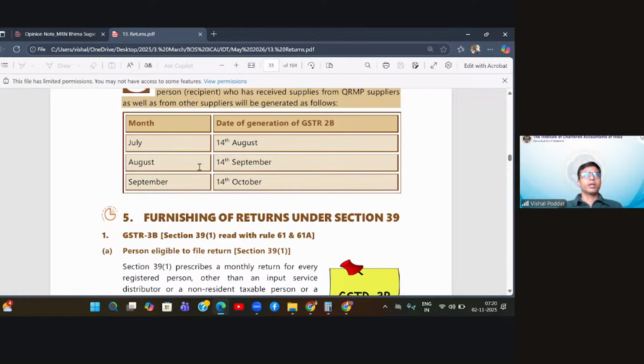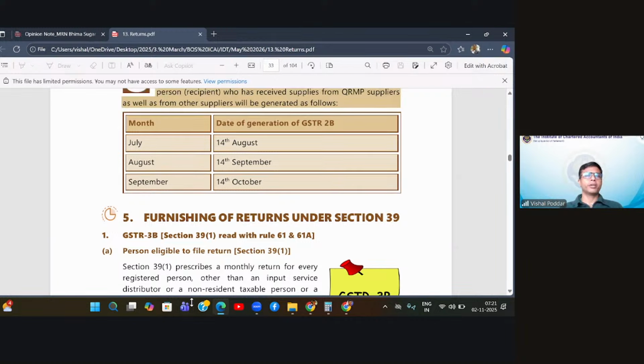Now, what is the date of generation of 2B? The 2B will be generated on 14th of the next month. Now, interestingly, why 14th? Because if the supplier's last date to furnish GSTR 1 is 11th, and after 11th whatever is filed by the supplier will go to the next month's 2B, then why is the 2B not generated immediately on 12th?